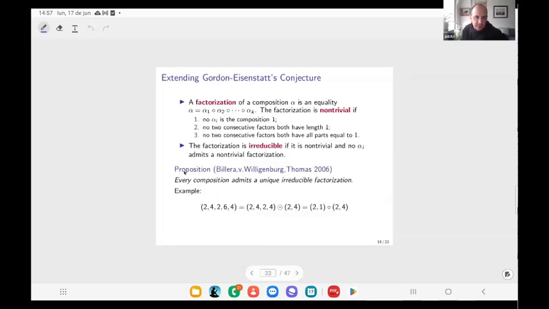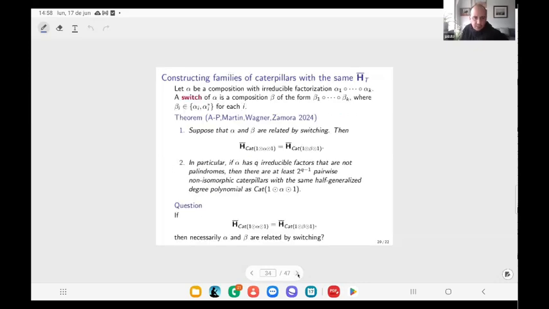What is amazing is this result by Billera, Thomas, and van Willigenburg, that there is a notion of factorization for this product, and with this factorization, every composition admits a unique factorization. I have to go over in order to finish. I will say that a switching of a composition is like, if I have the unique factorization of a composition, reversing any of these factors.